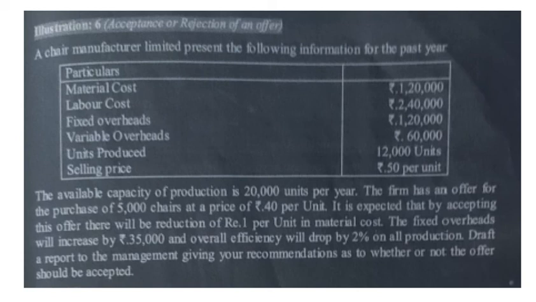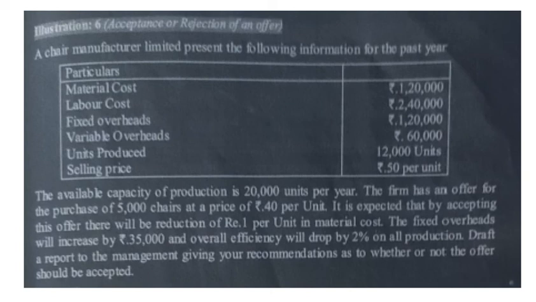The analyst has already told that if you accept this order, there will be 1 rupee less in the material cost. The fixed overhead will increase to 35,000. So keep in mind, the fixed overhead will increase to 35,000 and the overall efficiency will drop by 2%.